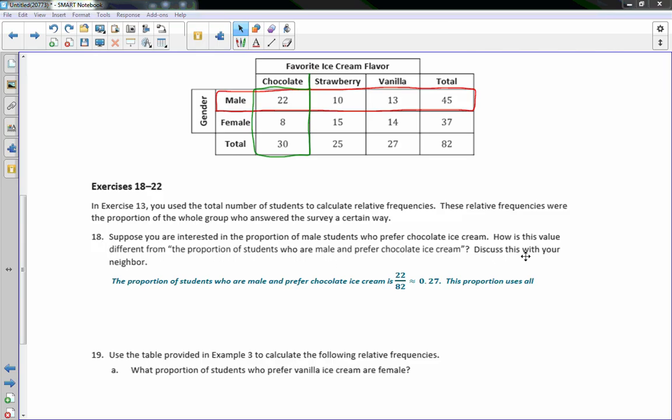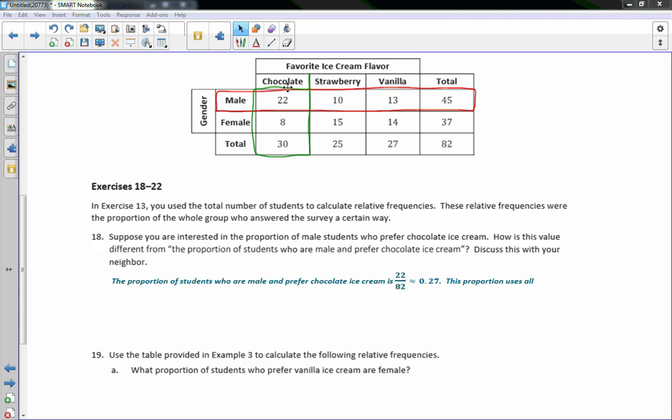Okay, so now let's put this to bed here. Suppose you are interested in the proportion of male students who preferred chocolate ice cream. How is this value different from the proportion of students who are male and prefer chocolate ice cream? The proportion of students who are male and prefer chocolate ice cream is 22 out of 82.